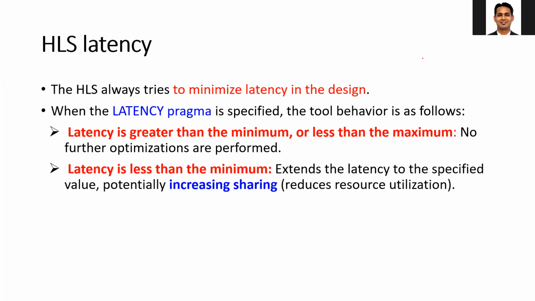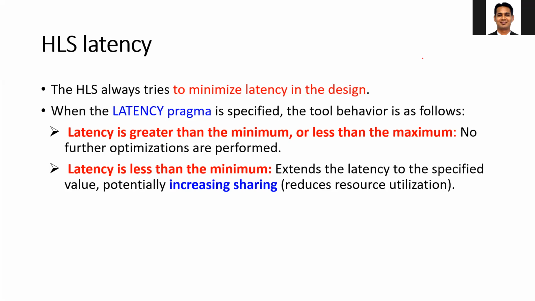That means it will reduce the resource utilization, until your latency is between the minimum and maximum. As we have discussed before, you always get a trade-off between latency and resource utilization. If you try to reduce the latency, you will get higher resource utilization, or if you try to reduce the resource utilization, you will get higher latency.